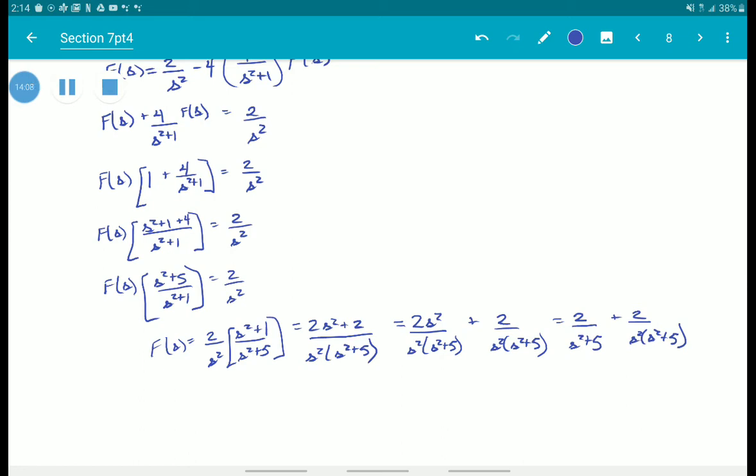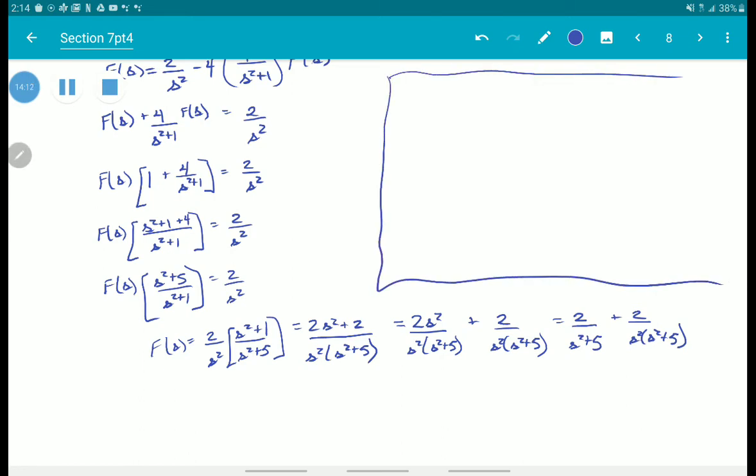I don't know if that's going to help us, but let's see. I did it differently in my notes. So this guy's good. Let's deal with this. So we have 2 over s squared times s squared plus 5. So we have a repeated linear and irreducible quadratic.